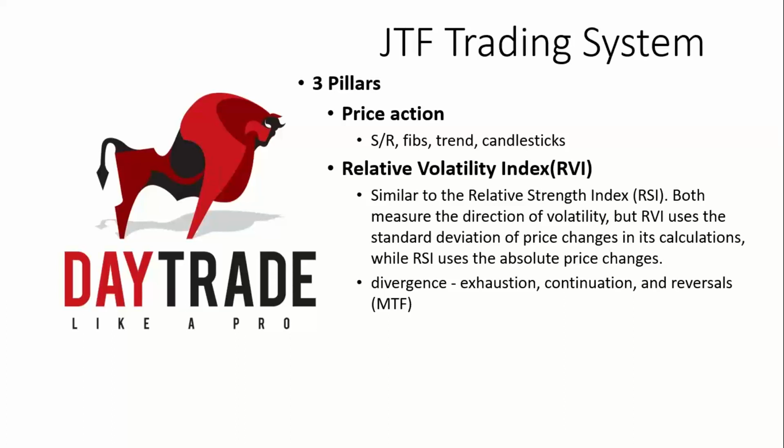But for me, I've been using RVI for years and years now, and my eyes are particularly attuned to it. And so that's really what I've settled on as a trader, and is what my system originally started with, just looking at RVI and some price action to look for trades.